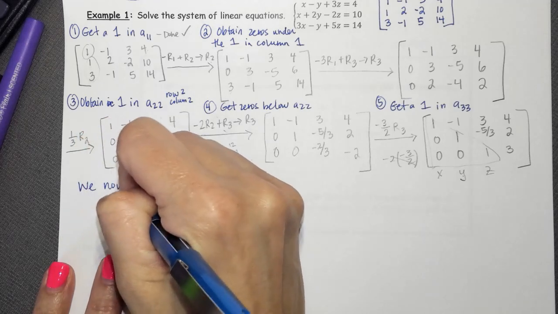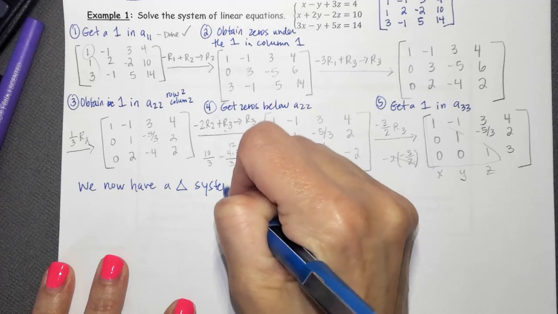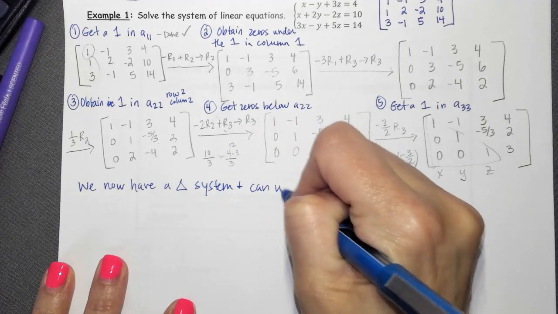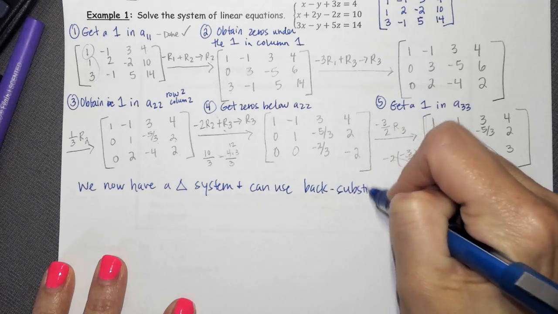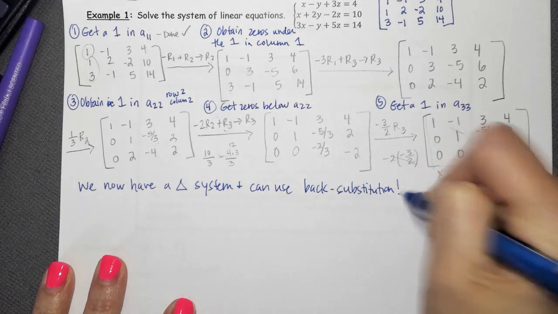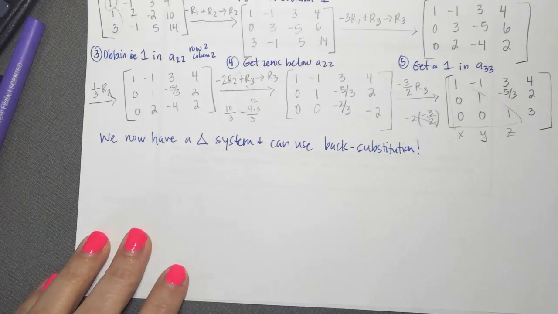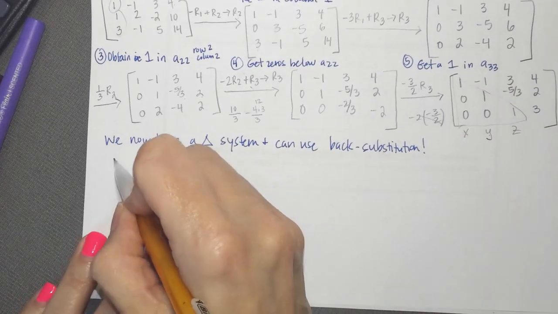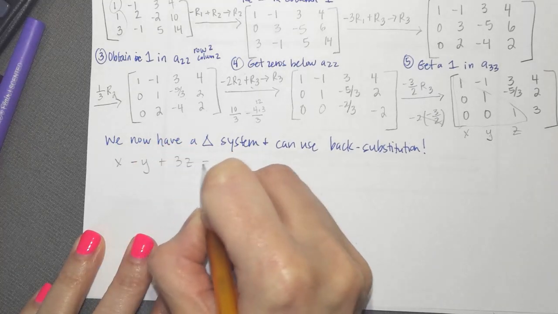Okay, so we now have a triangular system and can use back substitution. So what that means is this system here, this is your x. So we have x minus y plus 3z equals 4.